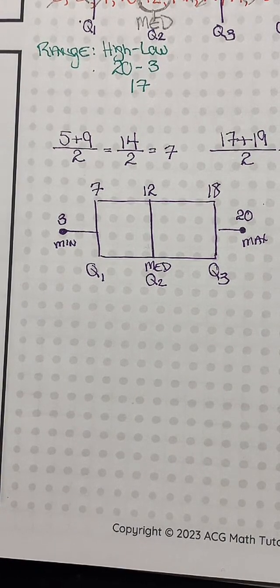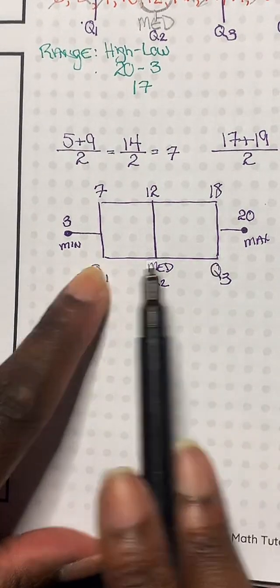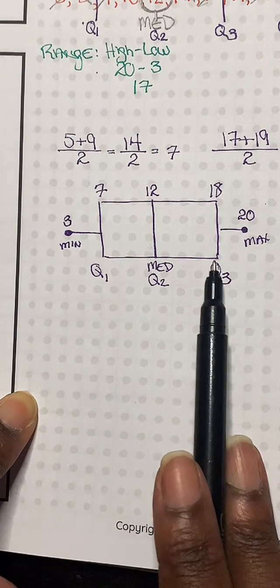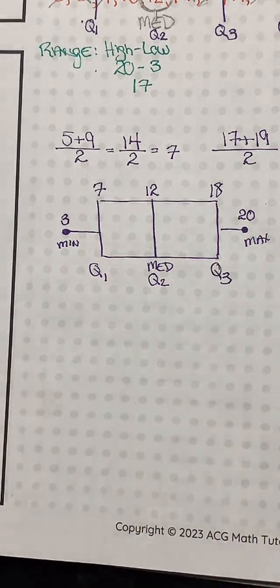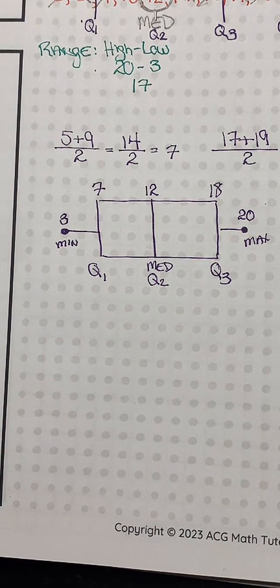Are 7 and 18 your high number and low number? It's not my high number and low number. These are my medians of the lower numbers. This is my median of the higher numbers. Why did you do 17 and 18? Do you mean 7 and 18? Okay, there we go.